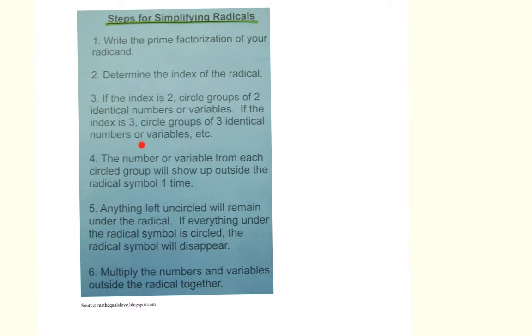If the index is 3, circle groups of 3 identical numbers or variables, and so on. The number or variable from each circled group will show up outside the radical symbol one time. That's important, one time. Anything left uncircled will remain under the radical. If everything under the radical symbol is circled, the radical symbol will disappear. Then you multiply the numbers and variables outside the radical together to get your final answer.